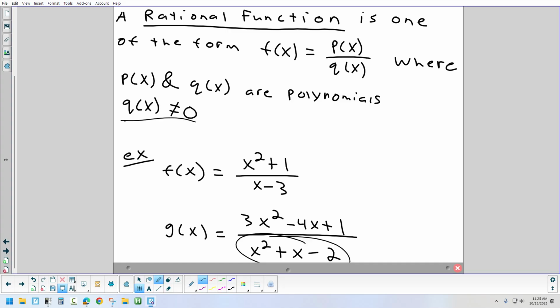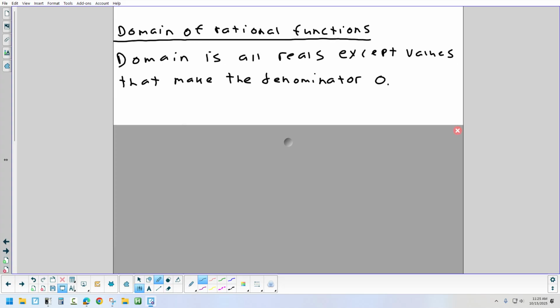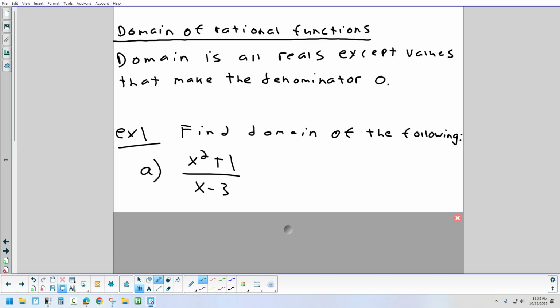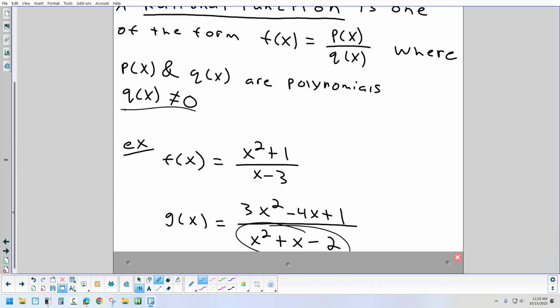Okay, so we're going to try finding the domain of maybe those exact problems, f of x and g of x. That's f of x, x squared plus 1.